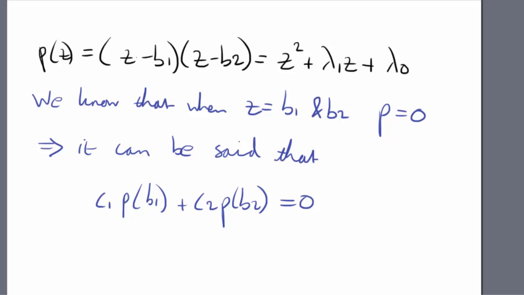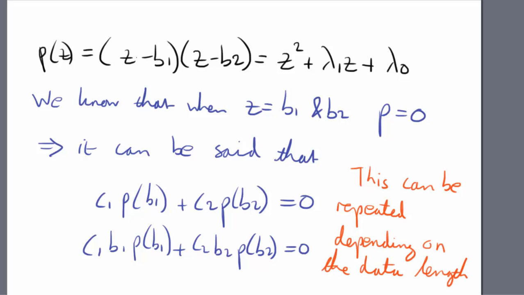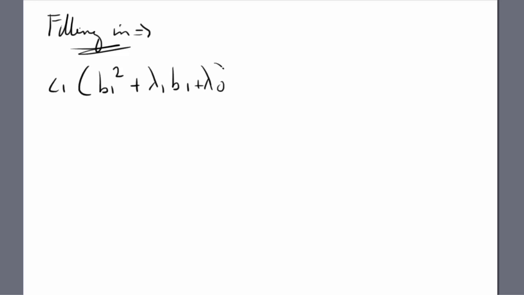This makes complete sense. You can say the exact same thing except multiplying it by another B factor below. This method can be repeated for many points depending on your data length. So filling in, we get these 2 equations here.